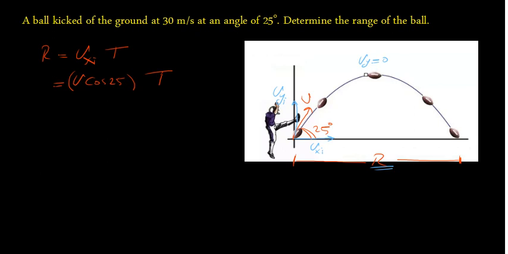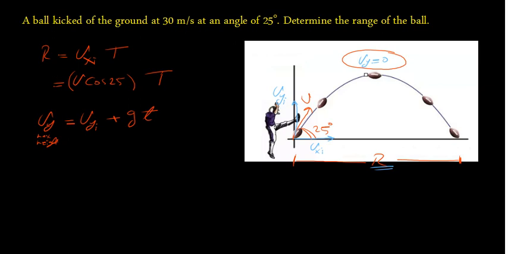But we can take advantage of the fact that at the maximum height, the velocity in the y direction will be 0. So from there, I can use the kinematics equations to say that the Vy at the maximum height equals the Vy initial plus the gravity acceleration multiplied by the time to reach the maximum height.